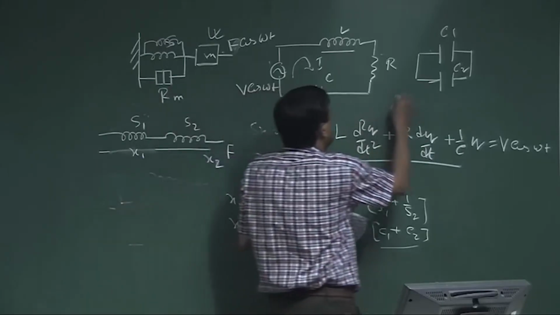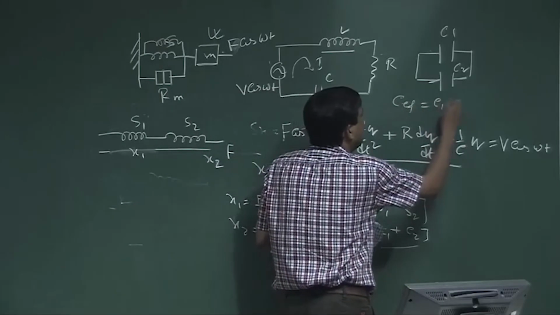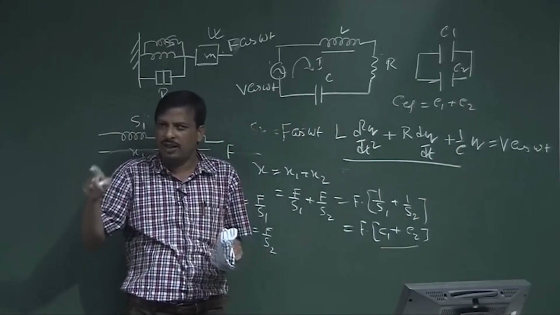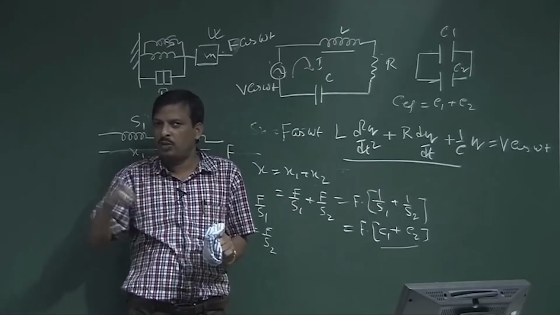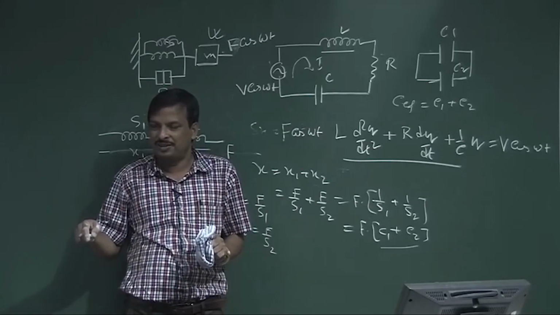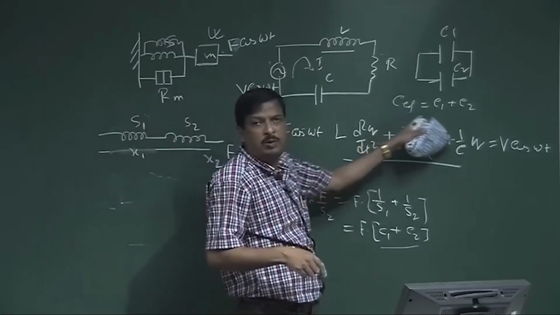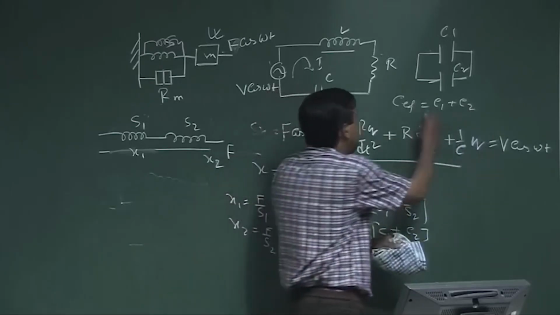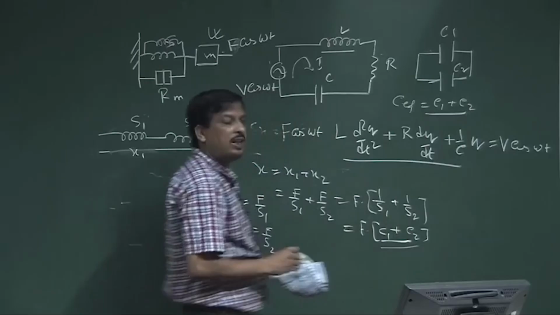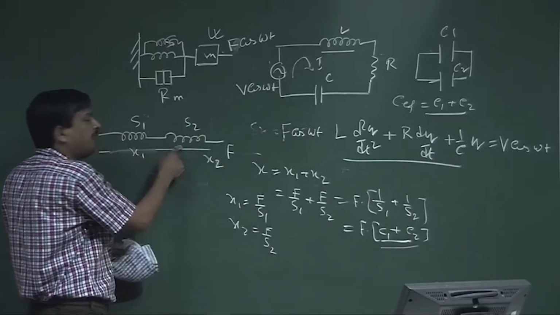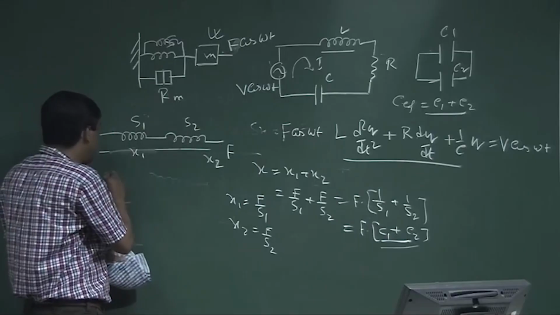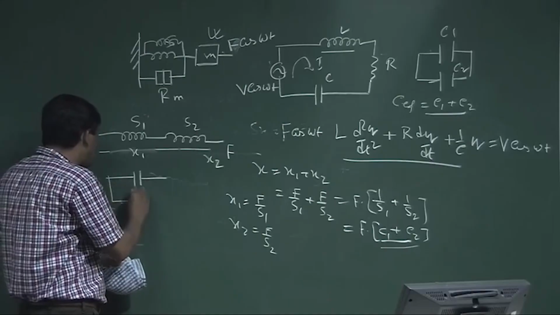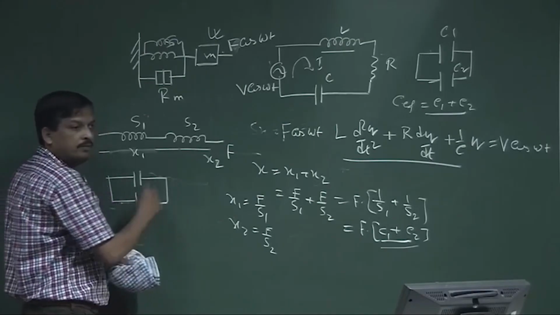C effective is C1 plus C2, because the impedance is 1 by C1 and 1 by C2. So, in that case, this is equivalent to this one. So, I can say if two springs are connected in series, the equivalent circuit will be two electrical capacitances connected in parallel.